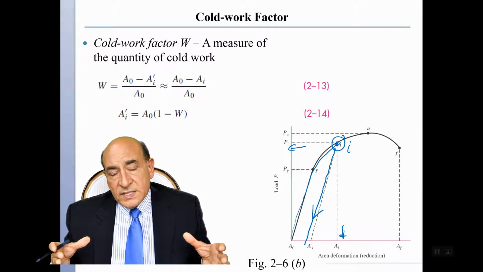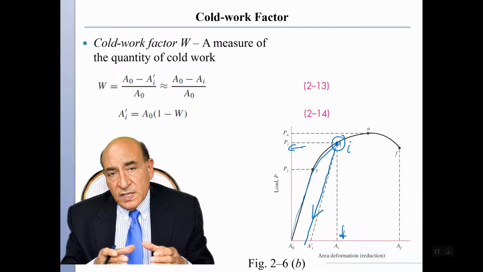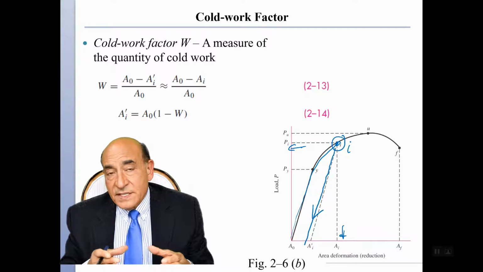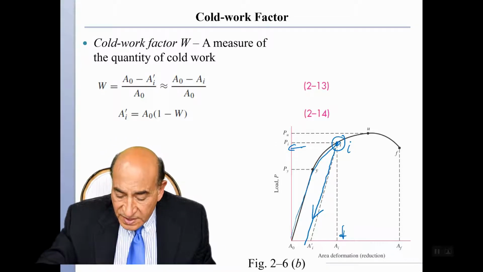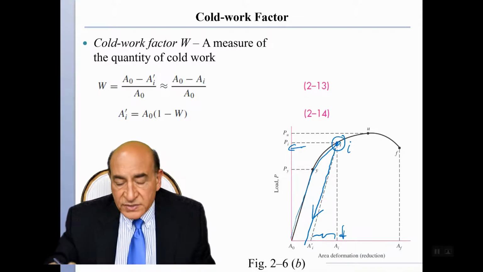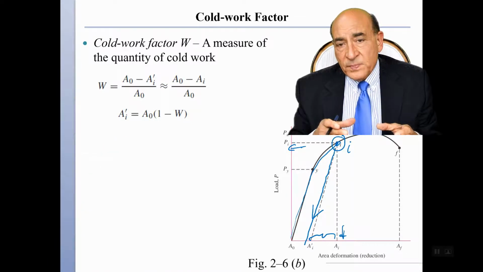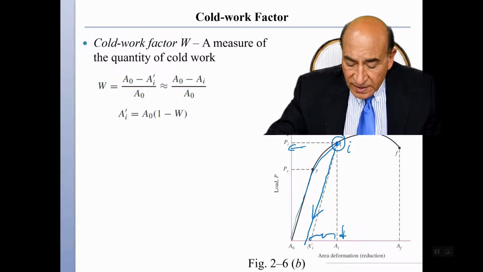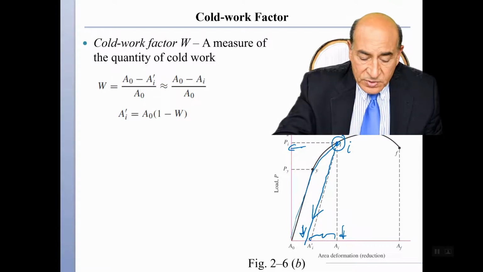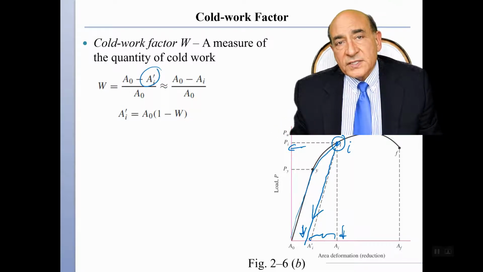So the cross-sectional area that was small is going to bounce back a little bit, become bigger. And the bounce back is only elastic bounce. So elastic bounce is this amount here. It looks big on the graph, but it's actually a very small amount. And then the final cross section is AI prime.